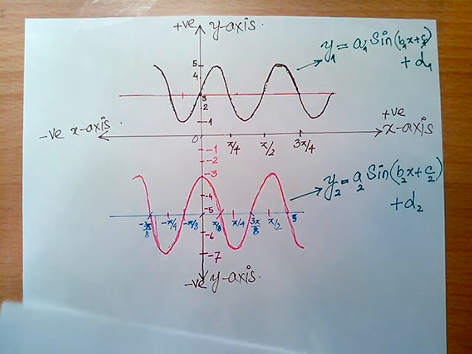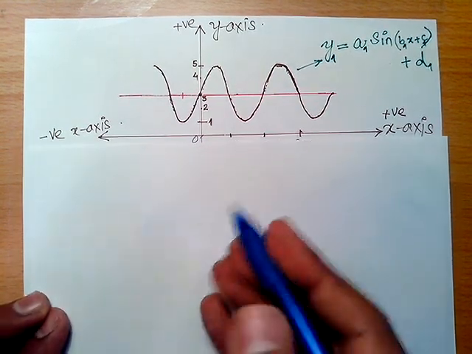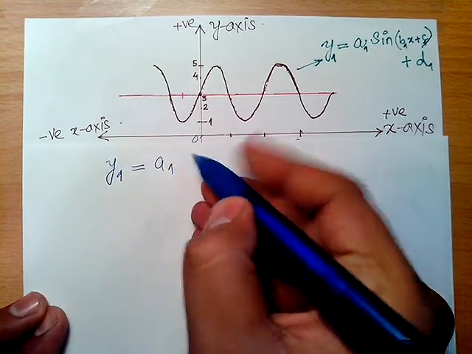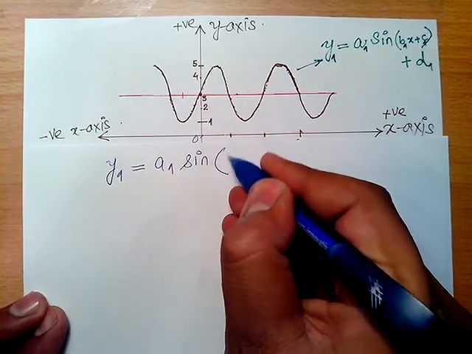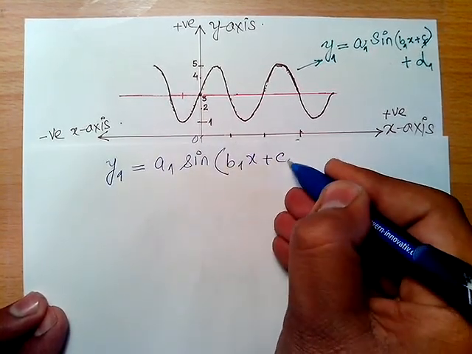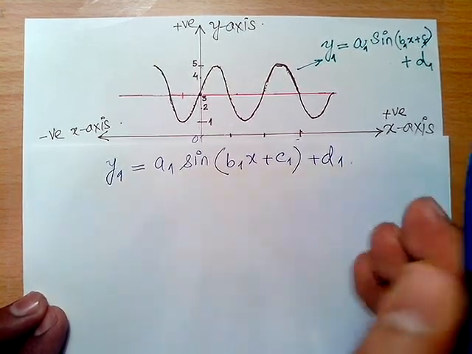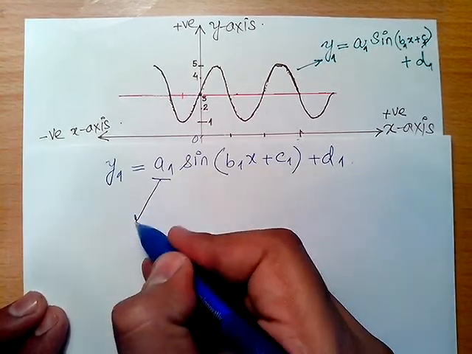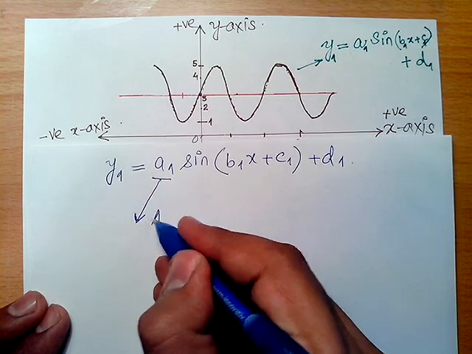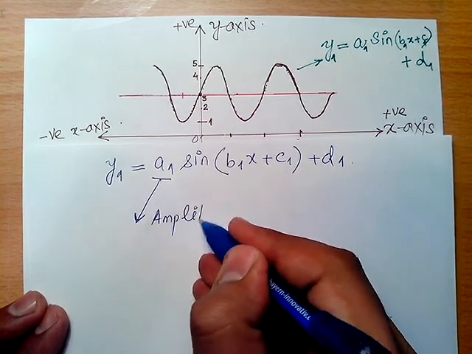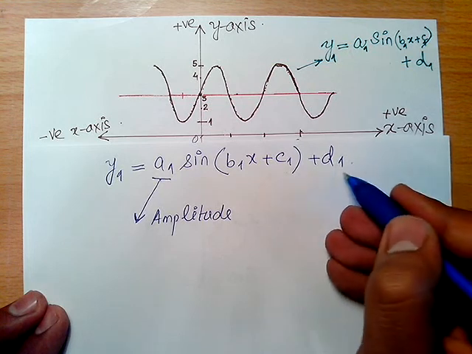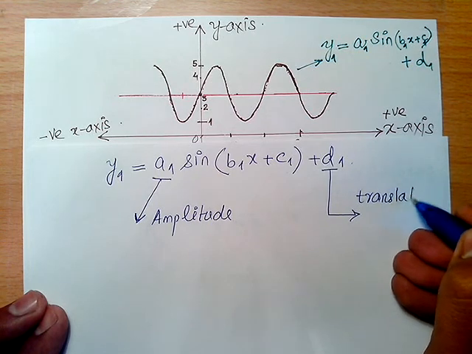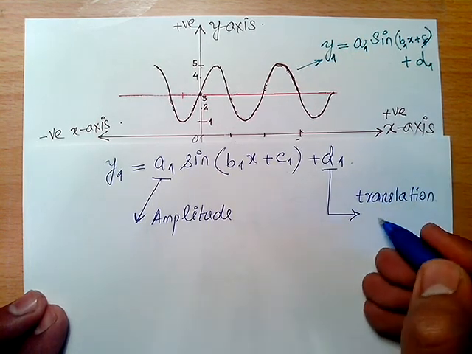Since we have y1 is a1 sine of (b1x plus c1) plus d1, we need to find a1, b1, c1 and d1. We call a1 the amplitude, and we call d1 the translation along the y-axis.